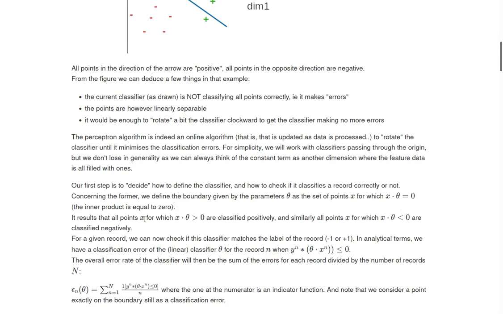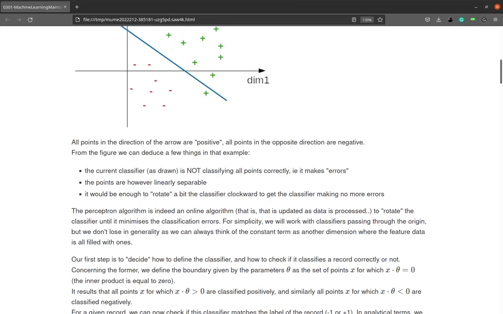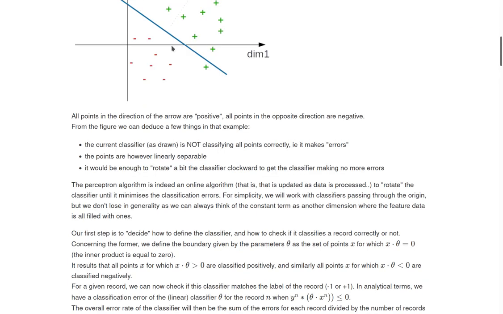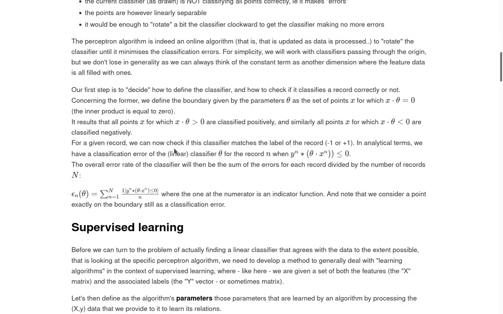Given this, it results that all points x for which the dot product is positive are classified positively, and at the same time, all points x for which the dot product is negative are classified negatively. At this point, for a given record, we can check if the classification that we obtain with the dot product matches the label of the record, that again we just call minus and plus 1.